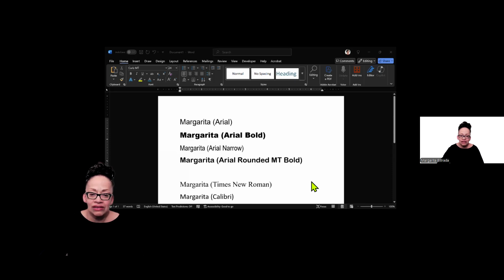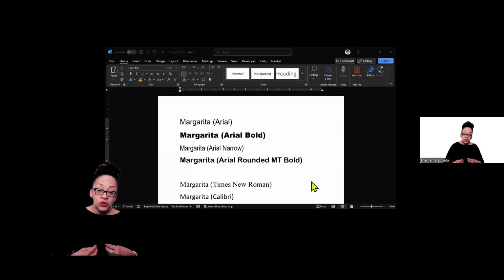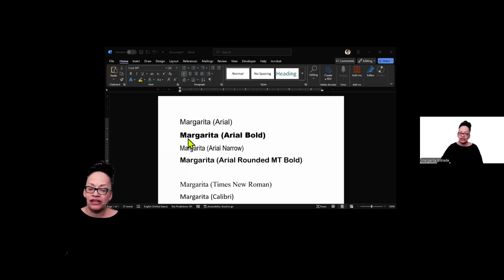So we're going to look at my name written in different fonts so that you can see the different mood that fonts can evoke. The first one is a sans serif font. And as I explained to you before, a sans serif font does not have any edging. As you can see, this is plain Arial. This is my name in Arial bold, so it creates a more commanding and demanding mood.